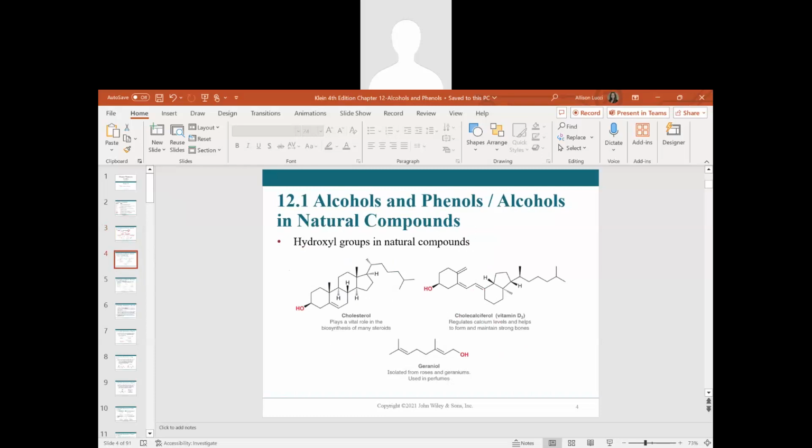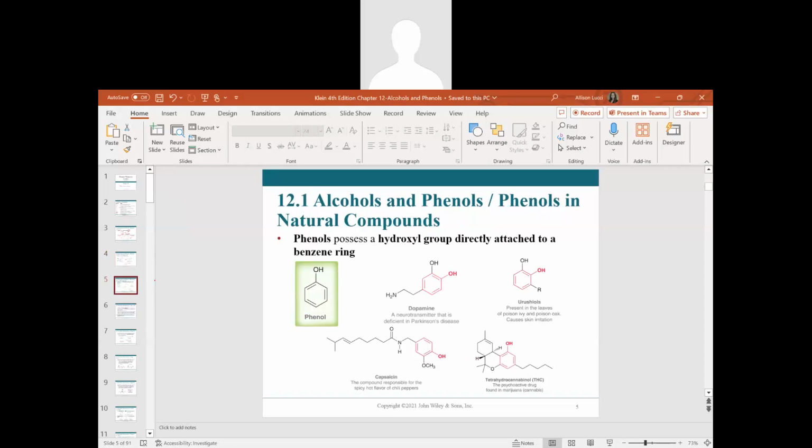Cholesterol has the alcohol functional group, and not much else, right? It has an alkene, a pi bond here. Then we have vitamin D, another alcohol functional group. And this compound here is fairly fragrant, used in perfumes and things. So we have many different structural types that can be qualified as alcohols.